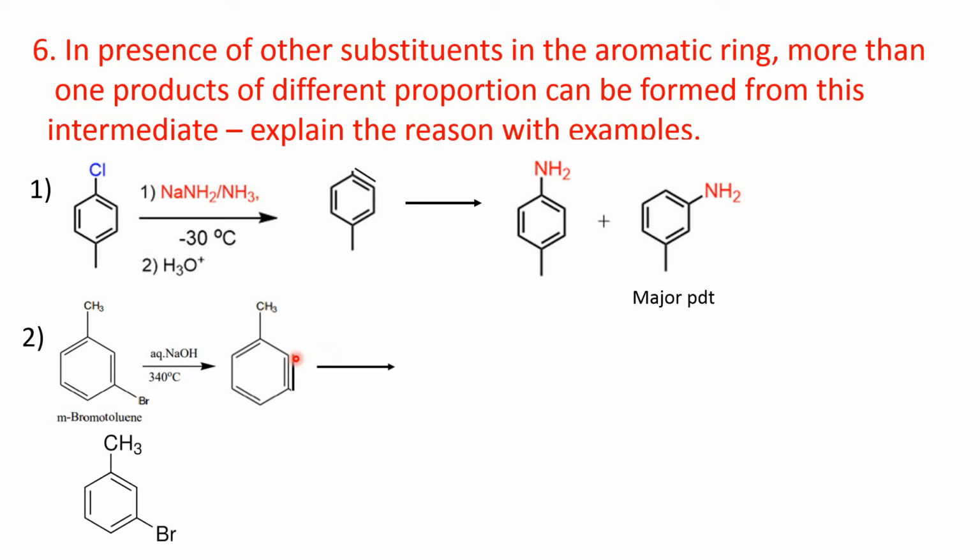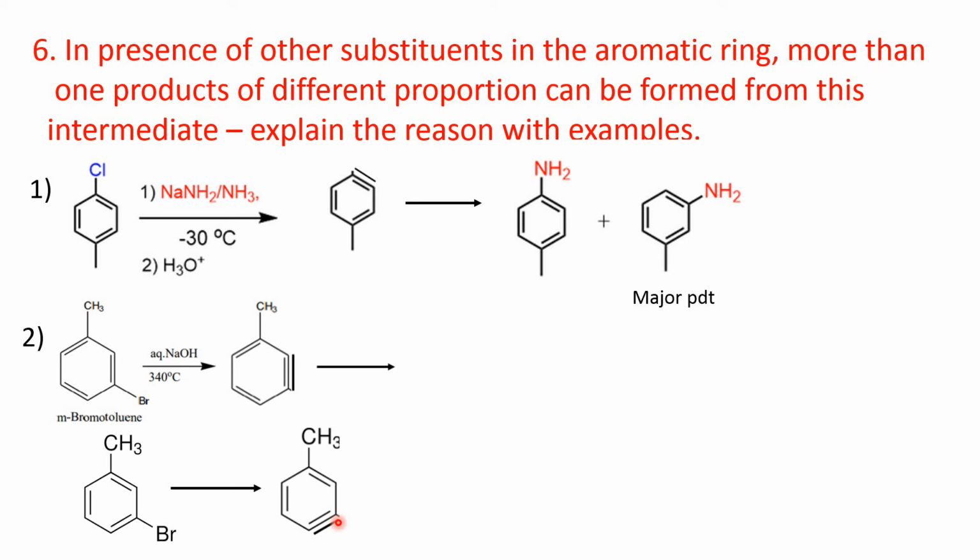And see here one more case. Now we consider this way. This is the benzyne. Now here, if the negative charge is here, then it will be comparatively close to this methyl group. It will be comparatively more localized, less stable. So if the negative charge forms here, that negative charge will be comparatively more stable. So if the negative charge forms here, that means the nucleophile will attack here.